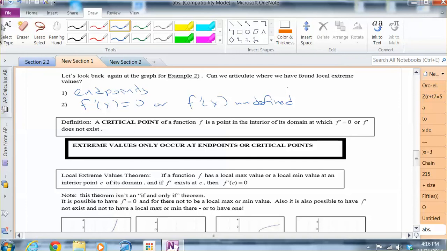So as a definition, this is a very, very important thing to know. I'm putting a star next to this and also the one right below. A critical point of a function f is a point in the interior of its domain at which f prime equals 0, or if f prime does not exist.